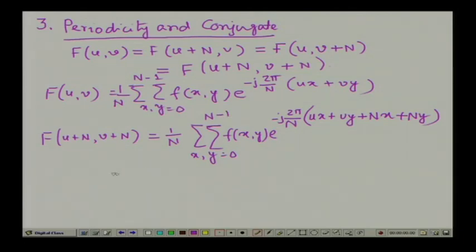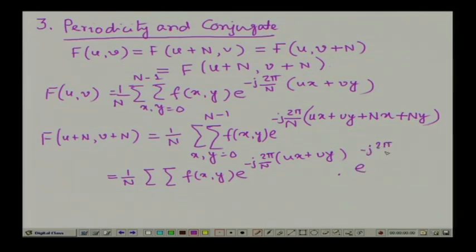Now, if we take out this Nx and Ny in a separate exponential, then this will take the form 1 upon capital N, the double summation of f(x,y) e to the power minus j 2 pi upon capital N (ux + vy), into e to the power minus j 2 pi (x + y).